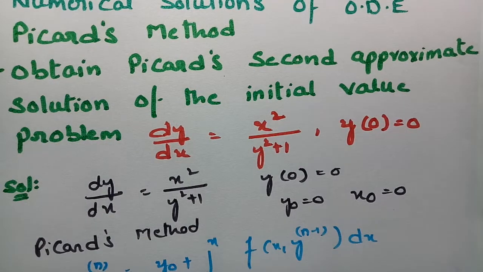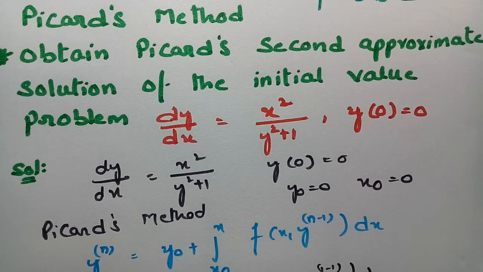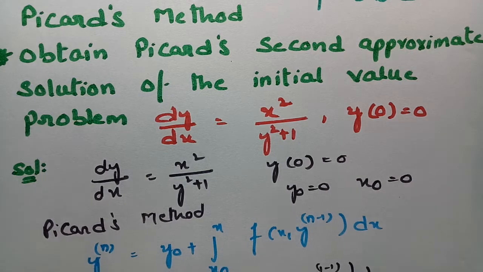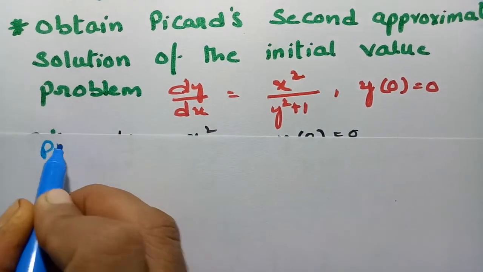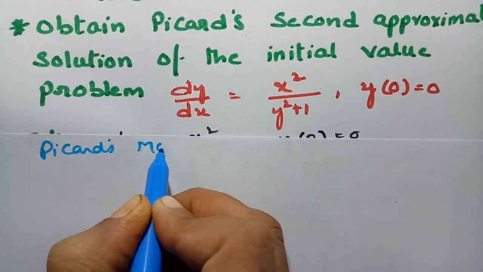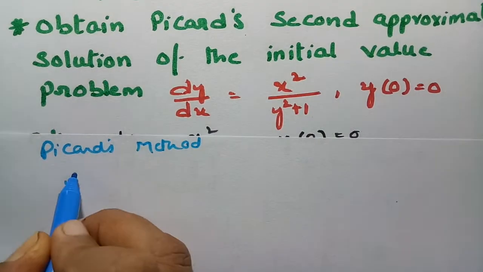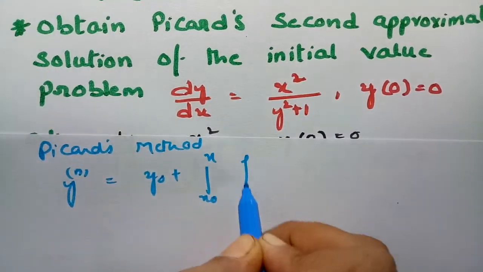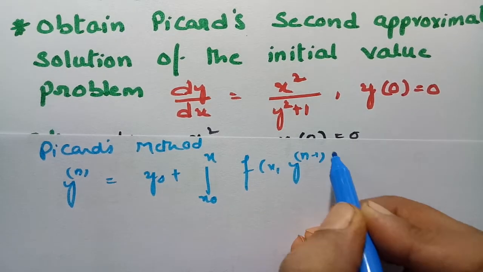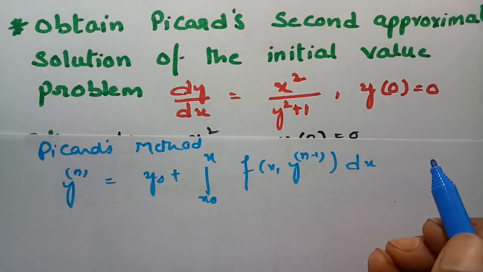So it is asked to obtain the second approximated solution of an initial value problem. Therefore, in order to get the second approximated value, again we have Picard's method. According to Picard's method, the value y at nth approximation is equal to y naught plus integral x naught to x f of x comma y at n minus 1th approximation of dx.